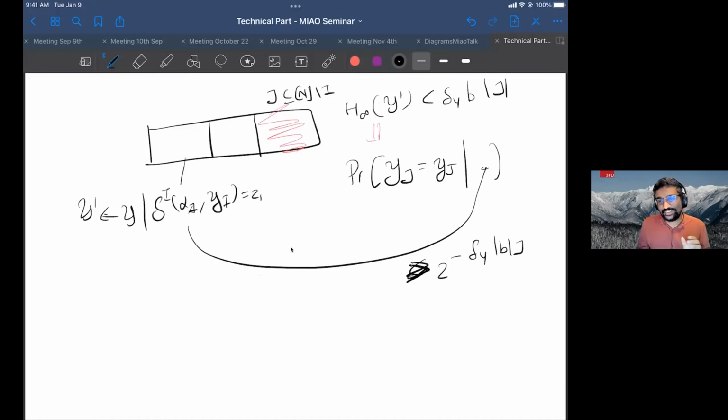That's some small calculation. It's basically saying that because of the gadget output being fixed, this particular yj had a higher chance. So this in turn also implies that if you fix this particular yj, then this gadget output is also going to be very highly likely. So if the gadget output is this, then it's very highly correlated to yj being this particular yj.